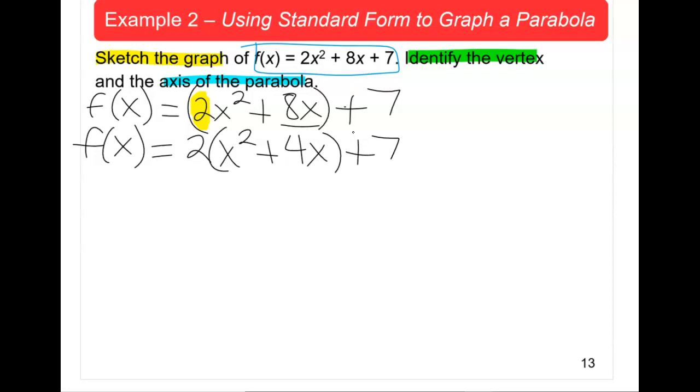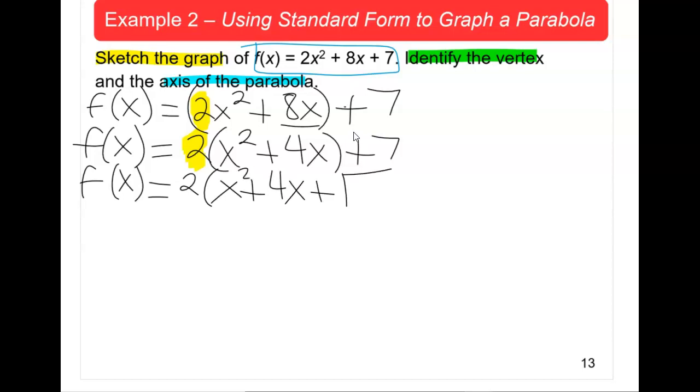Now after that, we are going to leave a little bit of extra space here inside the parentheses, and we're going to use a term that will go there. So where is that term going to come from?